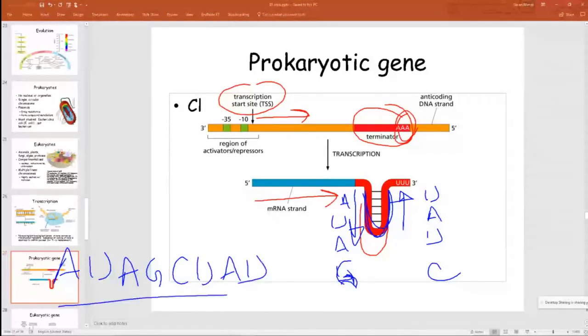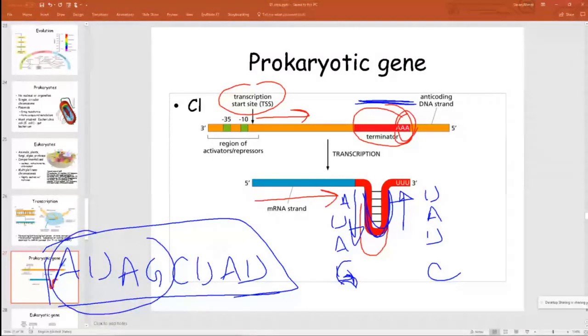All right, so this is the sequence here on the coding strand, and this would then be a signal to form a hairpin loop, because one half of it is complementary to the other half. If you fold it over, it forms this structure, and this sort of clips the transcription process.